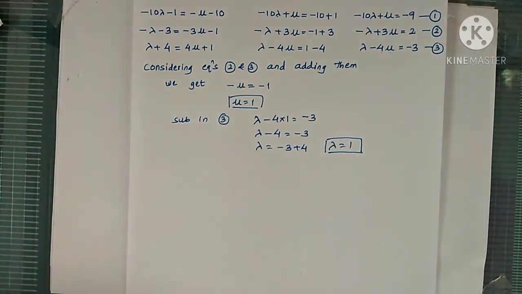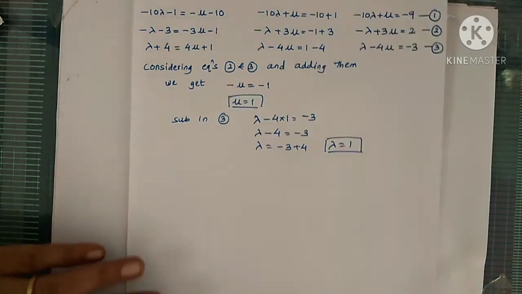Both lambda and mu are 1. Now let's check whether these values satisfy equation 1 or not. If they satisfy equation number 1, that means the two lines intersect. And if they do not satisfy equation number 1, that means the two lines do not intersect.